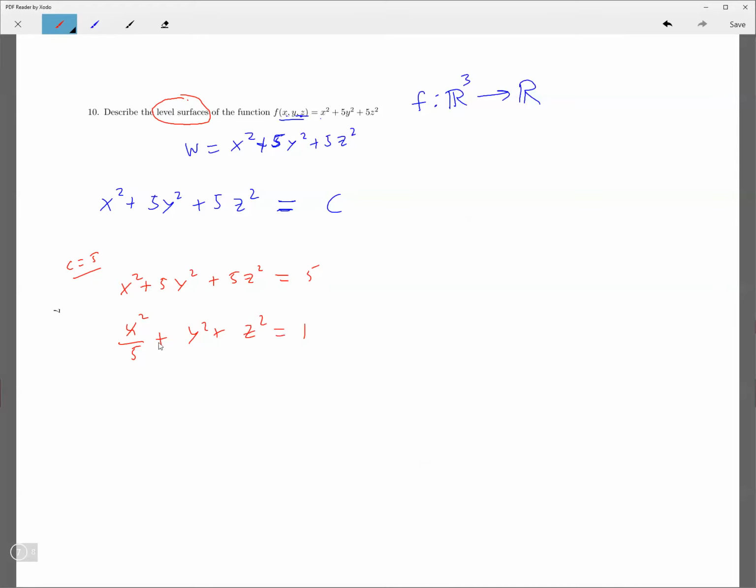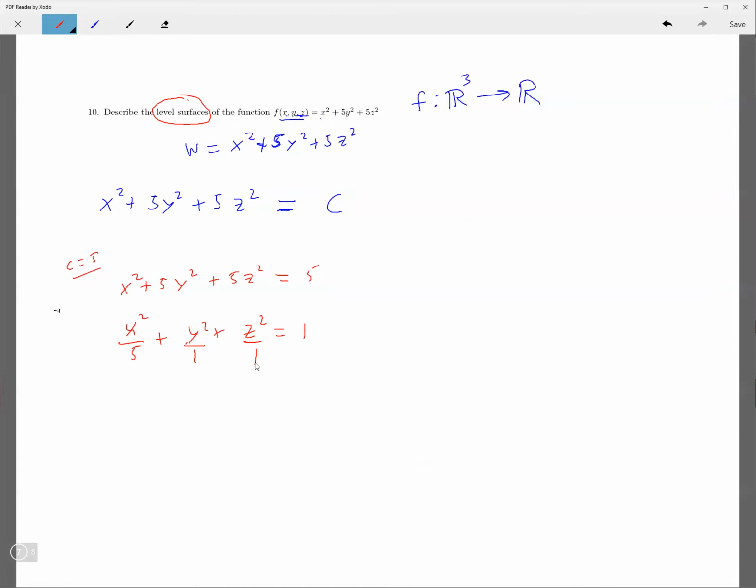You have a 1 over there. That means it's going to go out along the x-axis, out and back by the square root of 5. And then because these are both divided by 1, it's just going to go 1 up and down along the y and z axes.